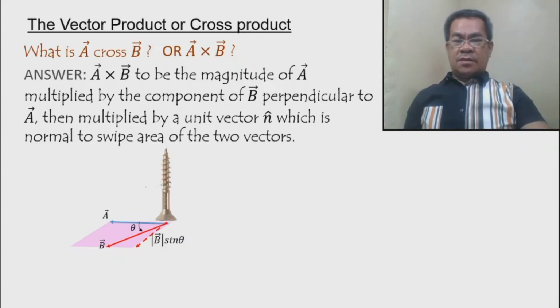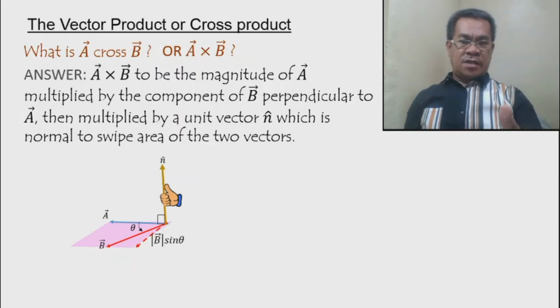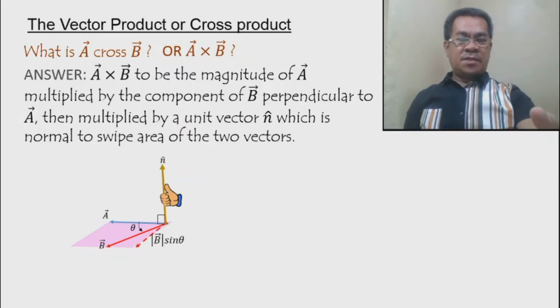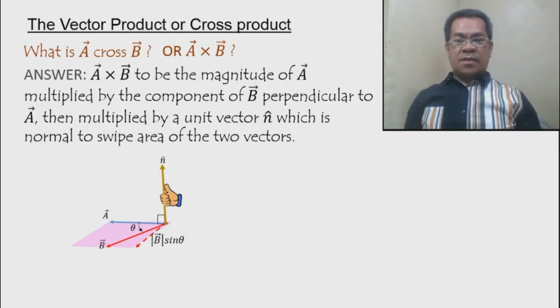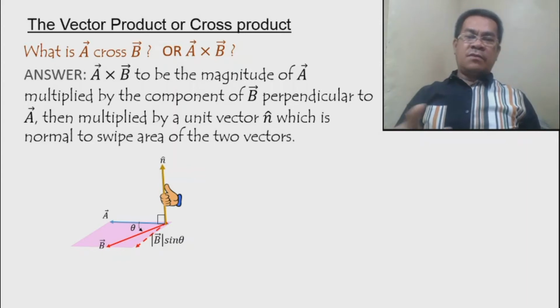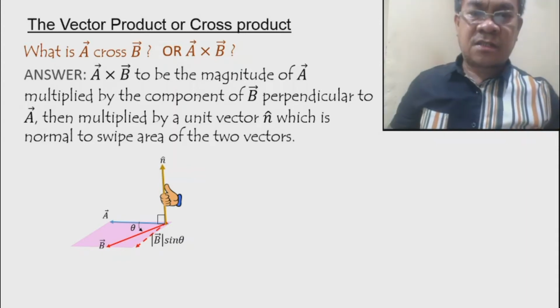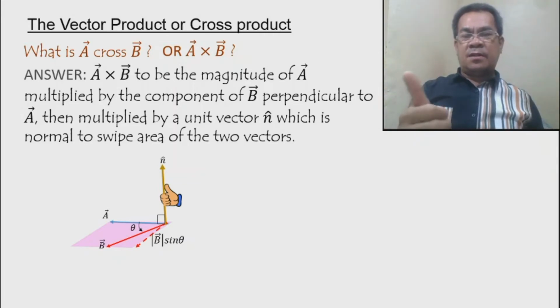Okay? So all you need to do is to think of the right hand. You put your right hand on the line of the normal force, then let your thumb stretch towards the direction of the unit vector n hat, then the curl of your fingers will be the direction of the rotating swipe area.